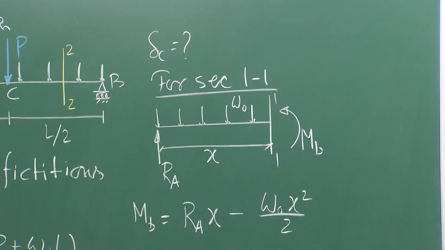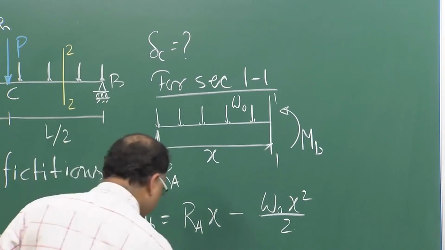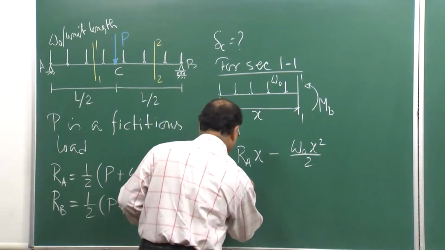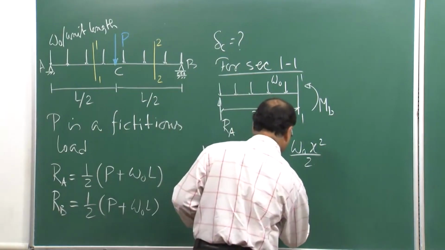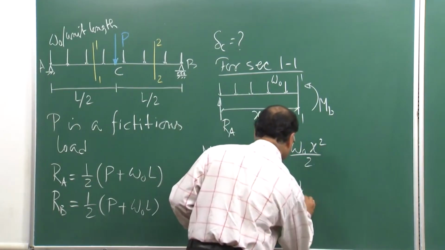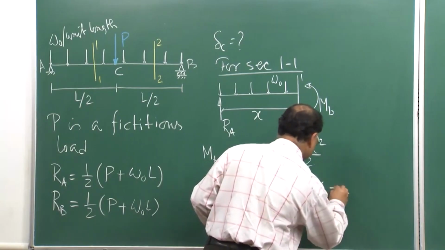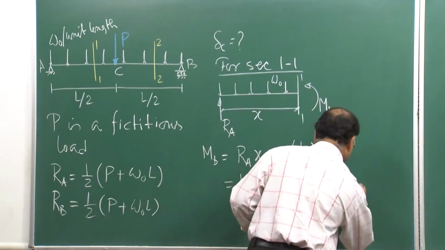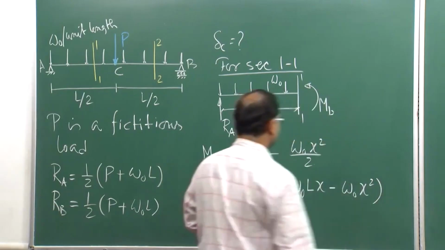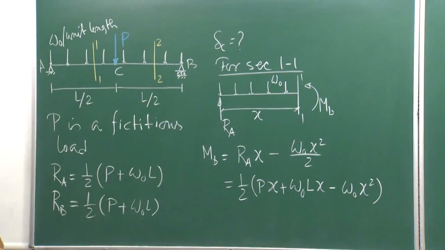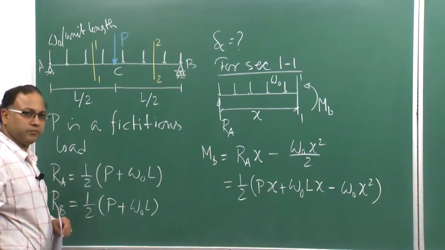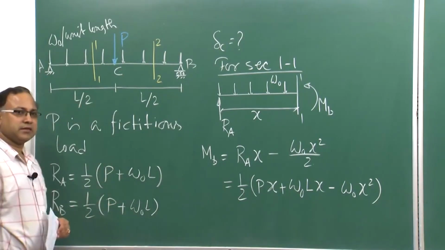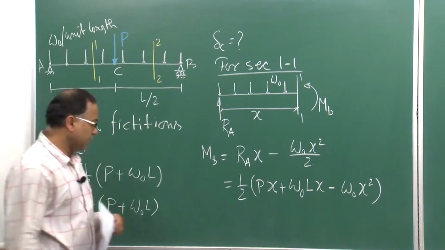If you put the value of RA and simplify further, you will get half into Px plus W naught Lx minus W naught x square. Okay. So, this is the expression of your bending moment for section 1, which is valid from x greater than 0 to less than L by 2.